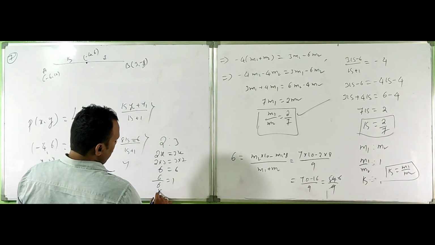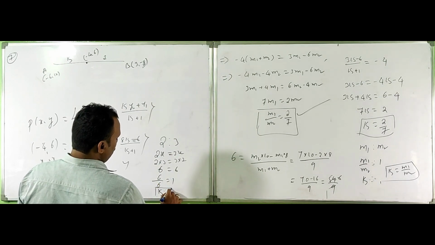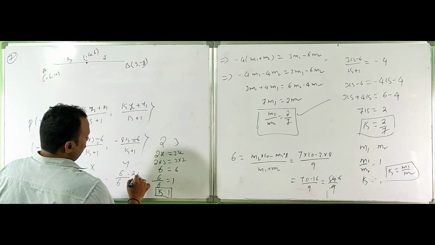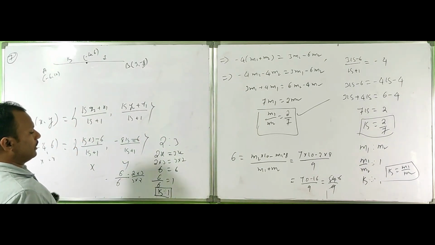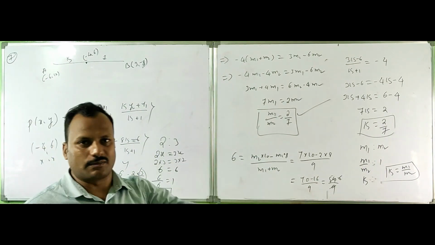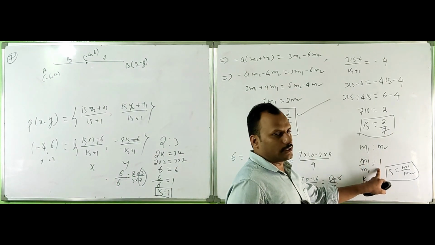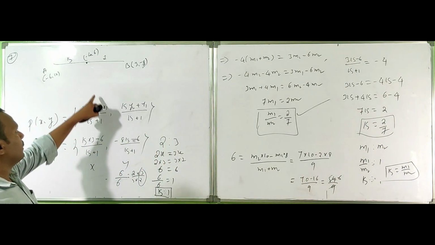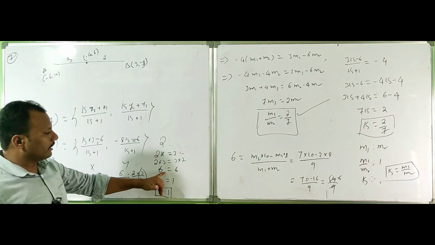So this can be written as the k is to 1 ratio, because 6 by 6 can be written as 2 is to 3 by 3 is to 2. One thing gets cancelled here. Okay, I'm not getting it here. In the next classes I will clarify it. But the value here is k is equal to m1 by m2 in this ratio. We can divide it, and we can also use the formula with the line divided by k is to 1 ratio. So I am getting confused here.